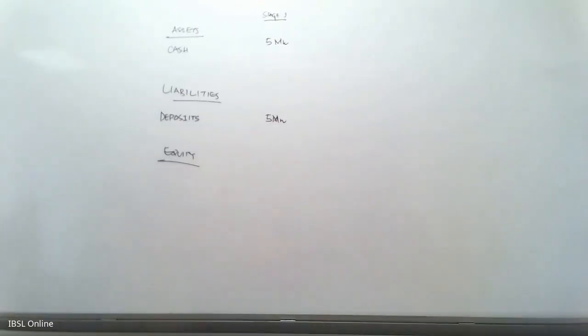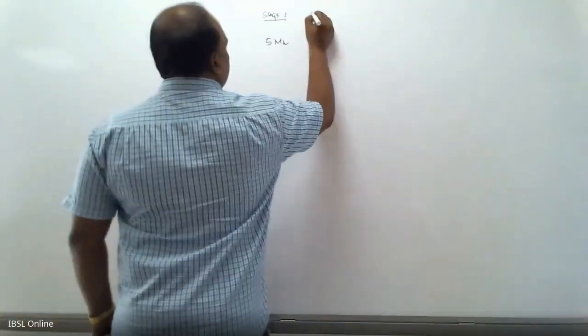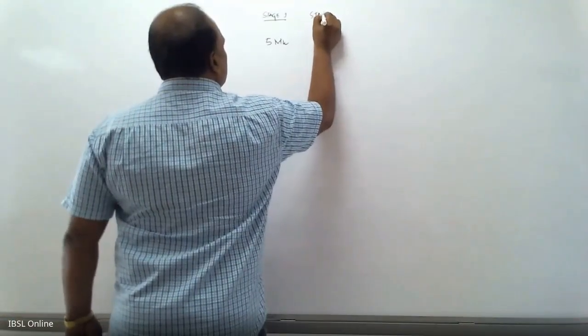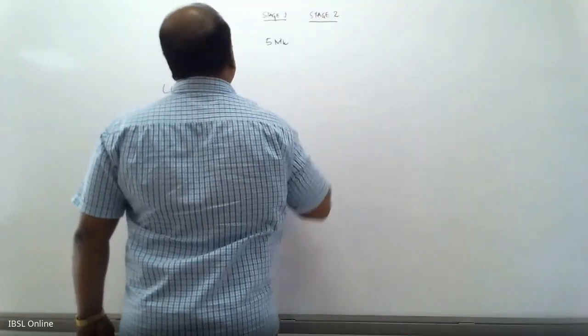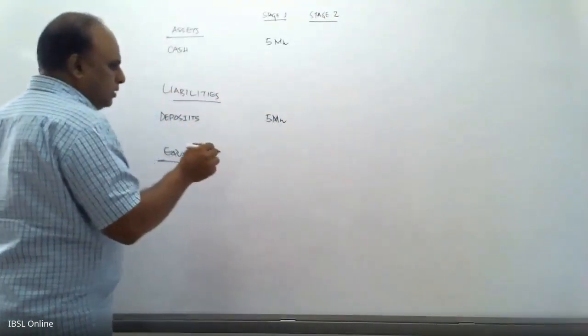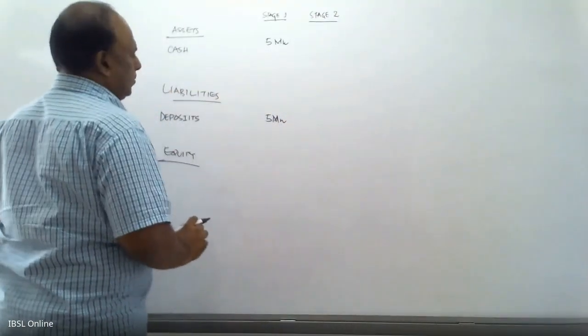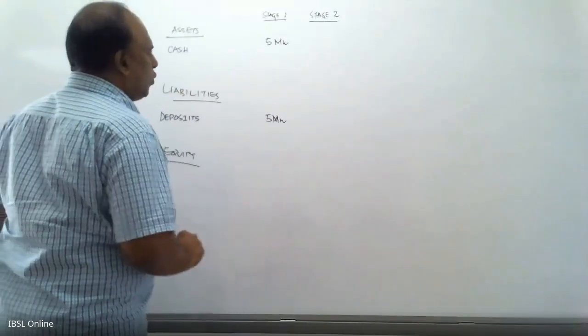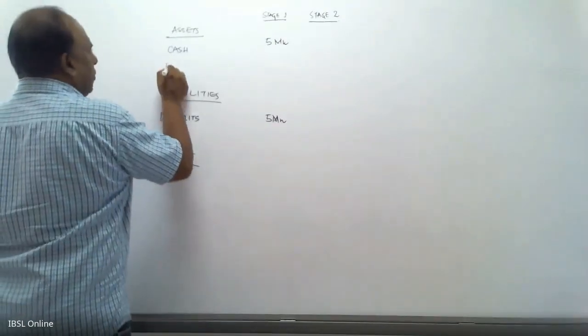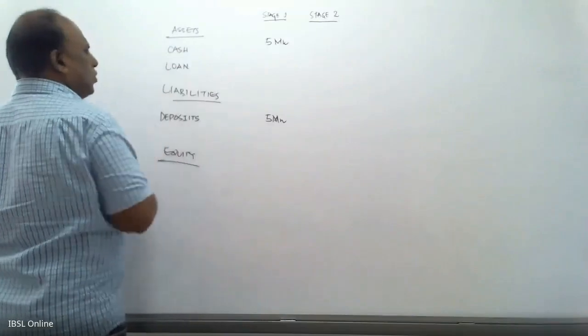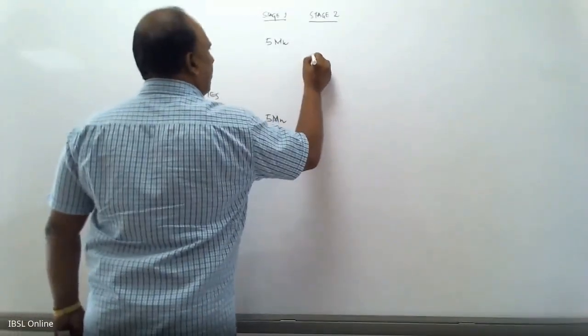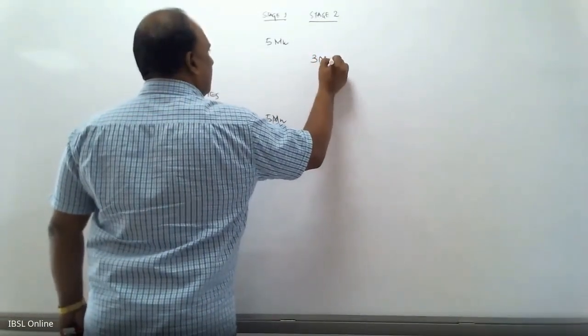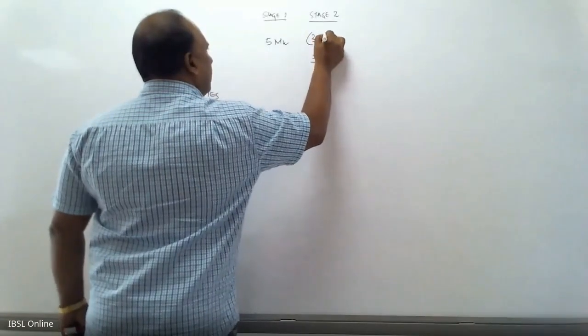Then stage 2, the same customer comes to you and asks for a loan, let's say a loan of 3 million. So you create a loan, which is also your asset, of 3 million, and you deduct 3 million cash.